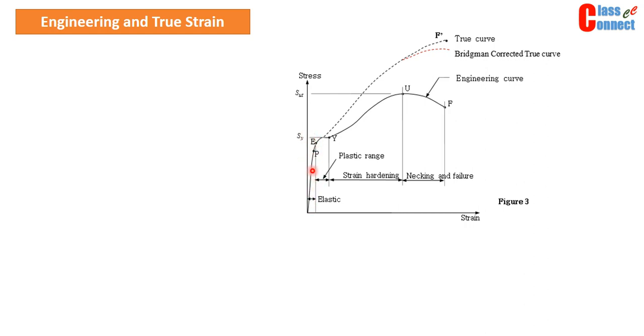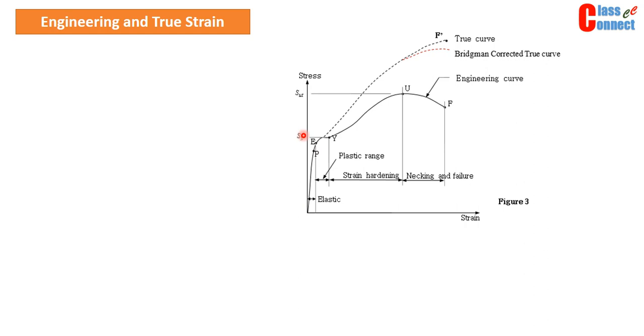Another most important aspect for the stress strain curve is the slope, because capital E, the modulus of elasticity for steel, is approximately 210 gigapascal, which is 1000 times the megapascal unit that we use for representing SYT. So if SYT is, suppose, 200 megapascal, and here the strain is approximately 0.001 or 0.002, then the value of E will be too much.